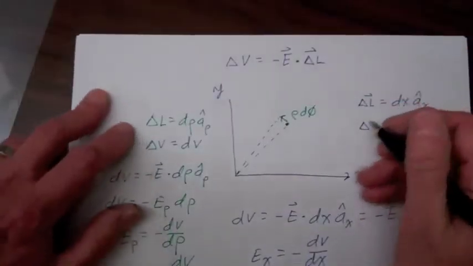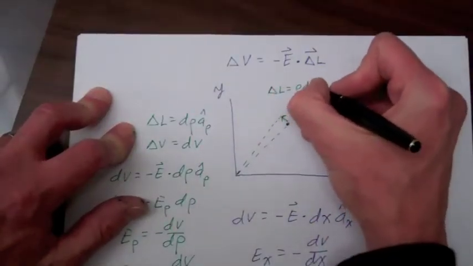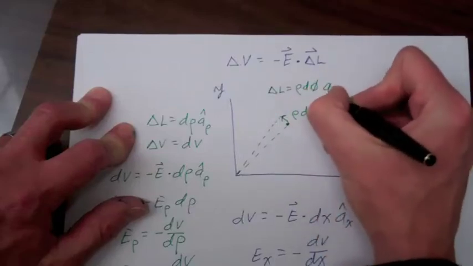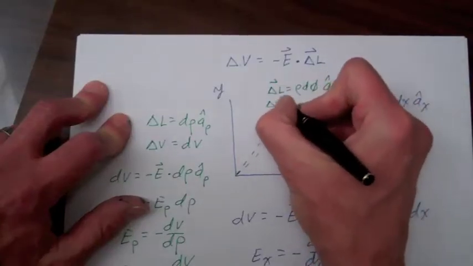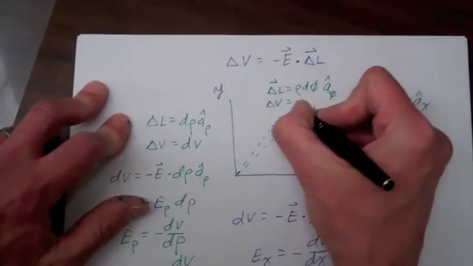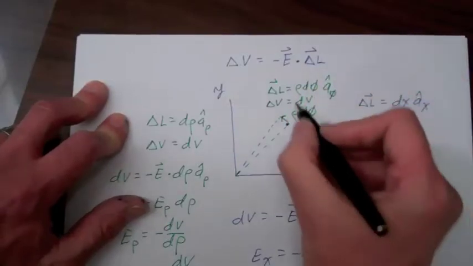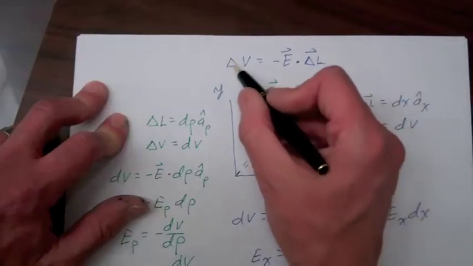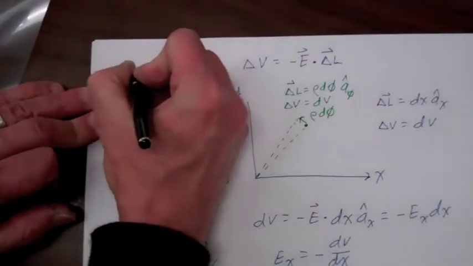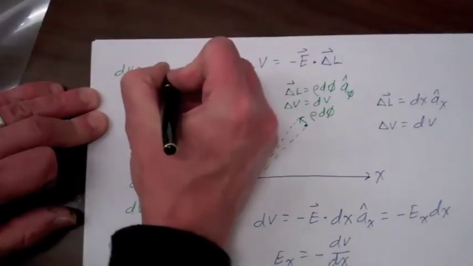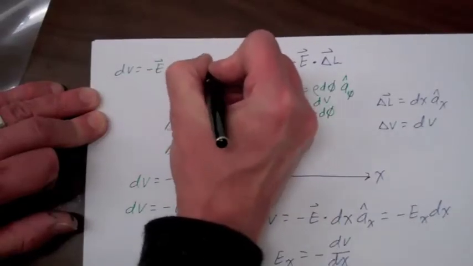So now delta L is going to equal rho d phi in length, and it's going to point in the a sub phi direction. And again, the voltage measured across our voltage probe, since we're moving length rho d phi, will be dV. So let's make these substitutions for delta V and delta L. We'll have dV is equal to minus E dot rho d phi in the a sub phi direction.